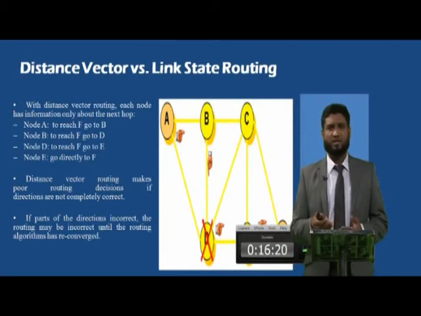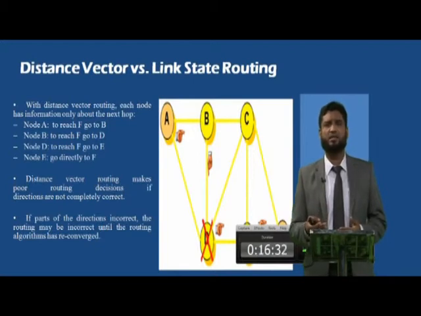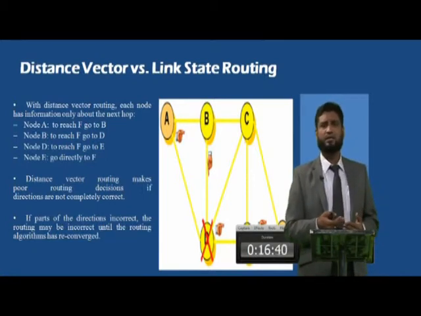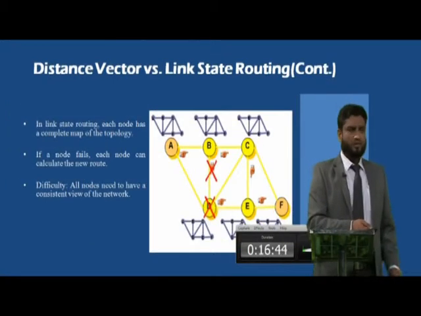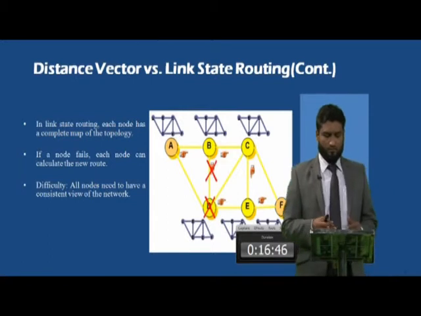But OSPF, a link state routing protocol, considers the highest bandwidth. It has the total roadmap, and based on this it can change the decision at any time. It can get the best opportunity from here. It looks at all the information. So this is the fundamental difference between link state and distance vector routing protocols.